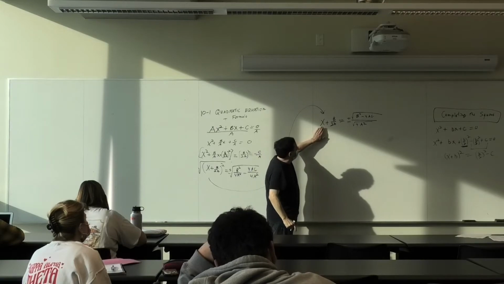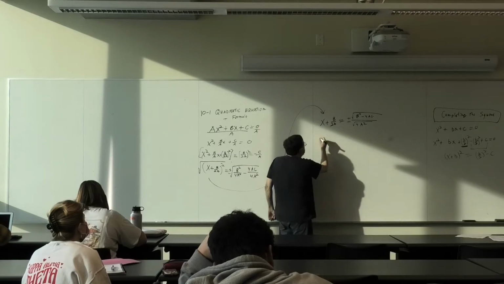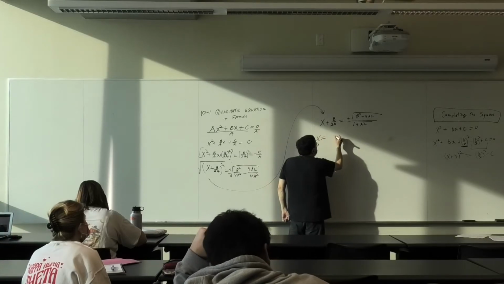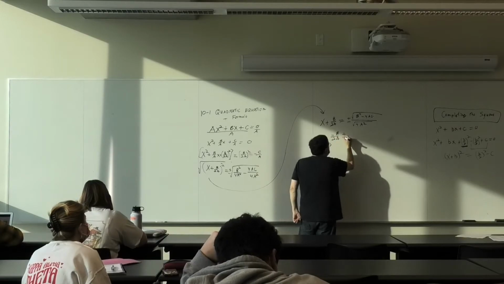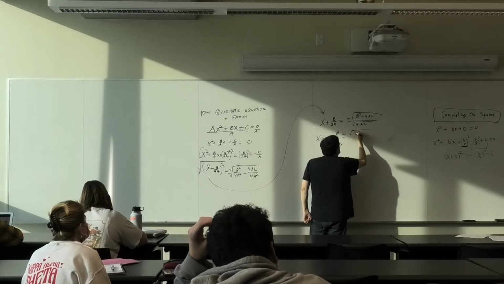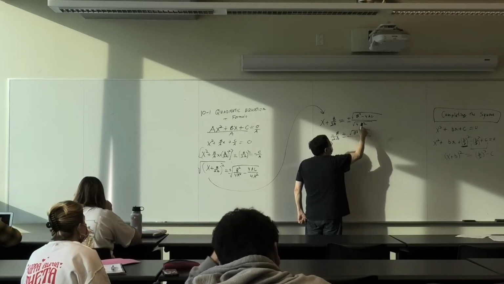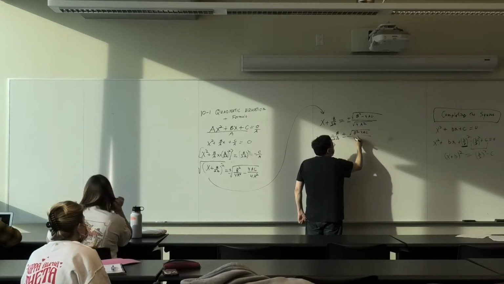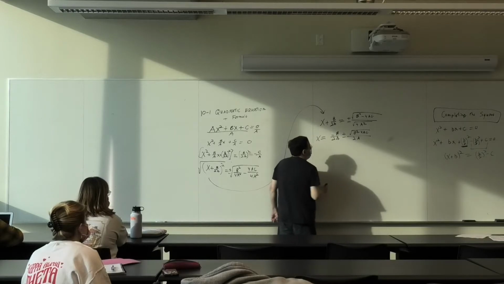And now to solve for x, I'm going to subtract b over 2a from both sides. So x is now negative b over 2a plus or minus the square root of b squared minus 4ac. Well, the square root of 4a squared, that's just 2a, right? So I already have a common denominator here.